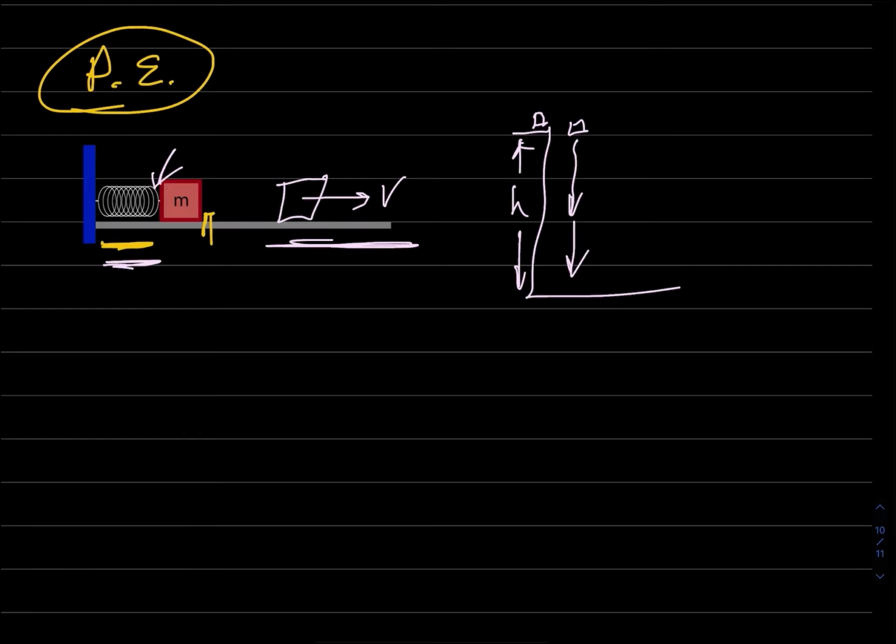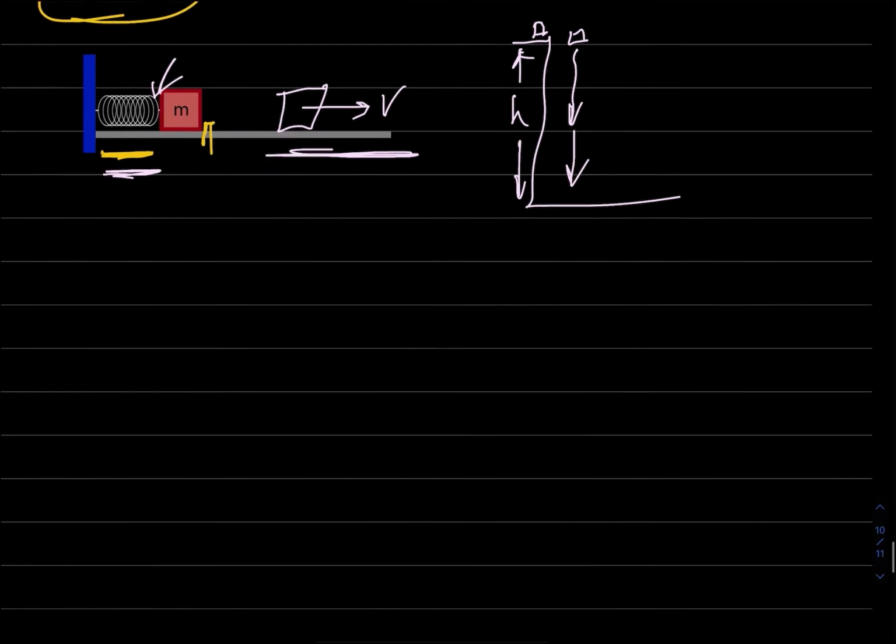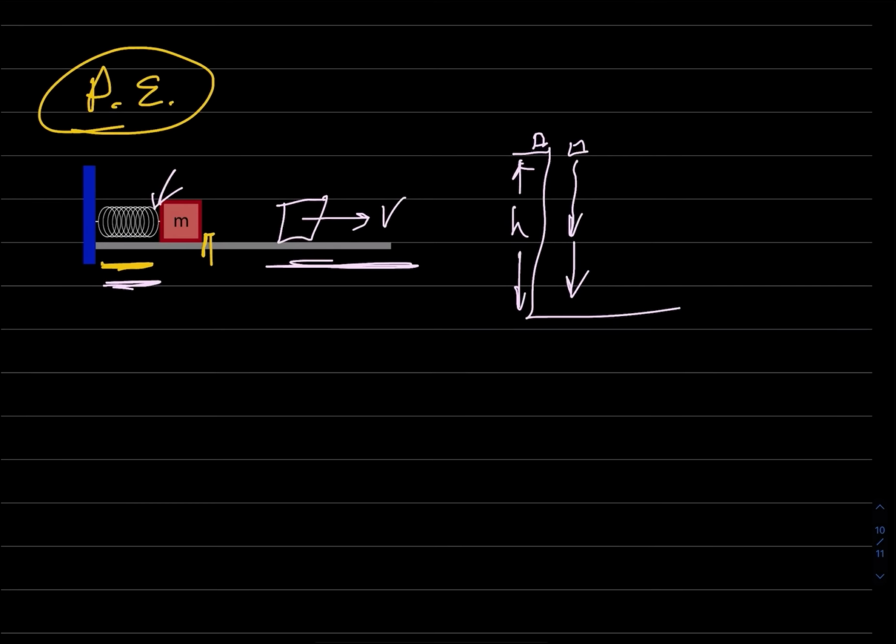How do we quantify how much potential energy we have? Well, the potential energy of the block up here is equal to the work that was done on the block in elevating it to that point against gravity. Remember, work equals force times distance, as long as the force is in the same direction as the displacement.